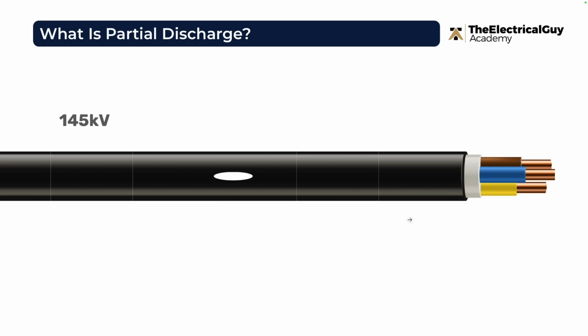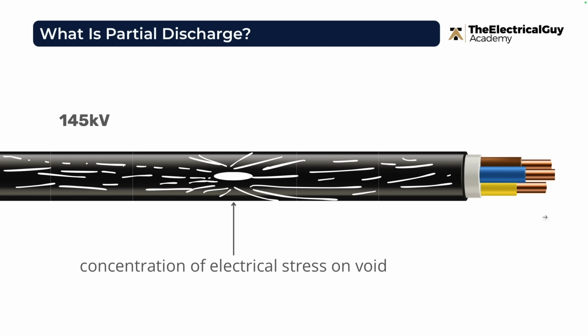Over time, because of this void, the electrical stress will concentrate on that particular void. Why? Because it is offering less insulation or less resistance compared to any other area on the cable. As a result, all the electrical stress will concentrate on the void.